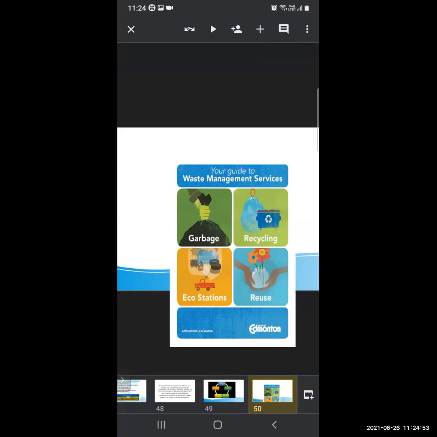Garbage, we have to see that it can be recycled. We have to reuse and have eco stations. For a good healthy environment we have to follow this.